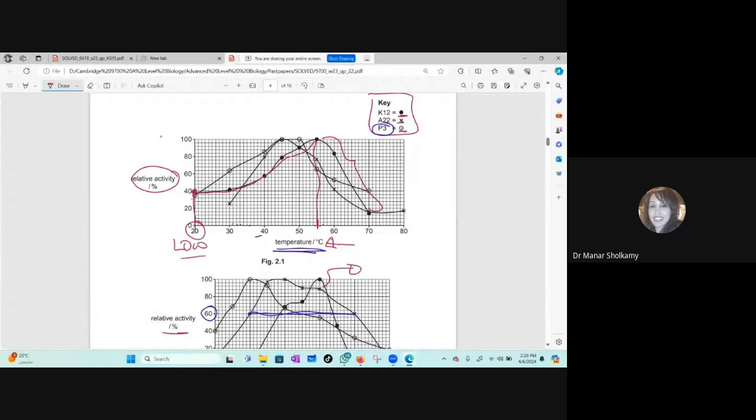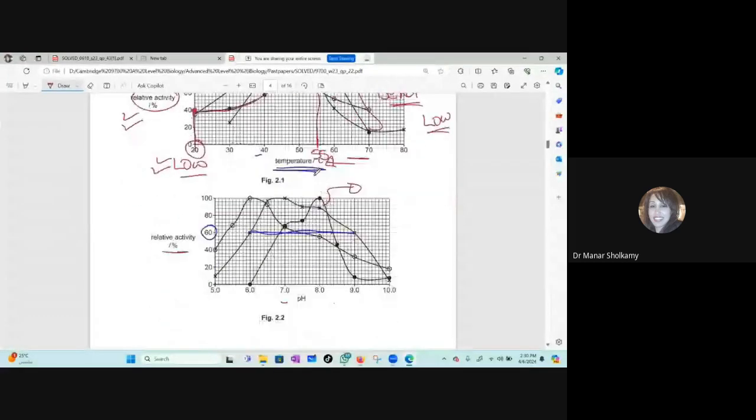Its peak temperature is 55, and after that, it will denature. So it will denature at relatively low temperatures, which you can write as a disadvantage. Okay? So the advantage is it can work at low temperatures, but it will denature quickly at relatively low temperatures too. 50 to 70 is considered a relatively low temperature.